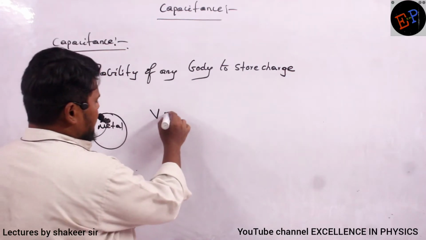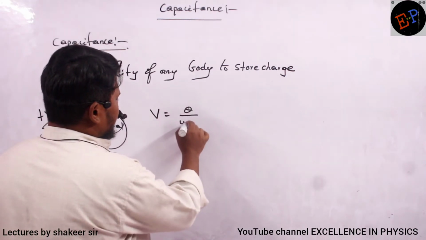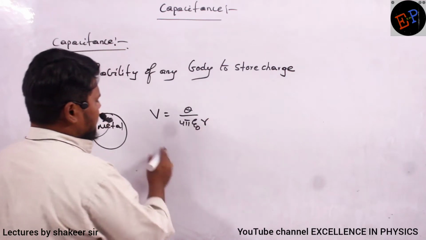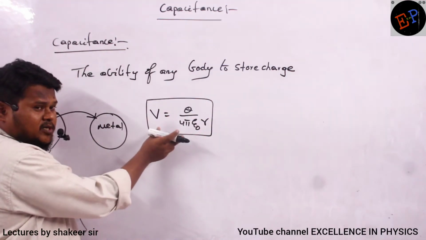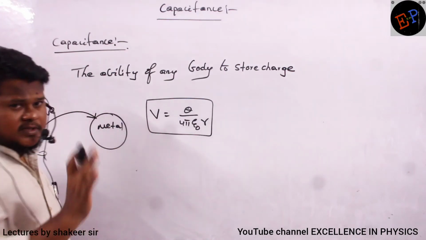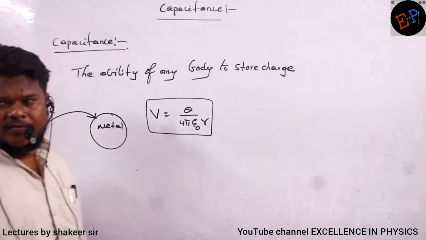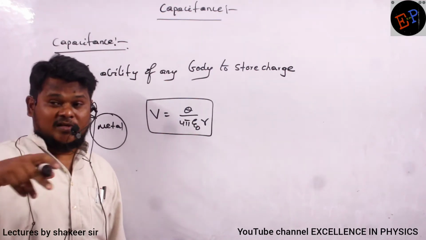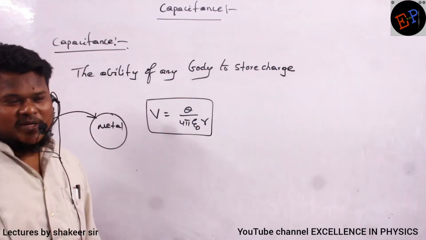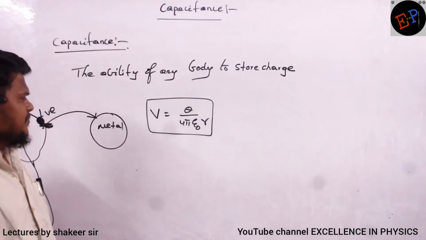What is potential? V is equals to Q divided by 4 pi epsilon naught into R. This is the equation of potential due to point charge, no? But a sphere also behaves like a point charge. So don't be confused. This also behaves like a point charge only. Clear, no?